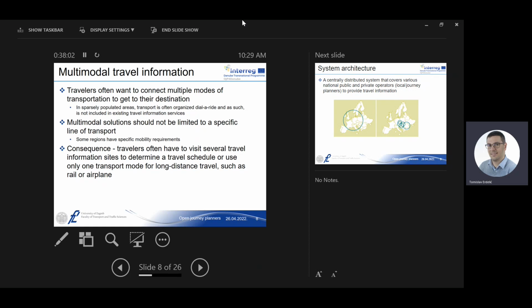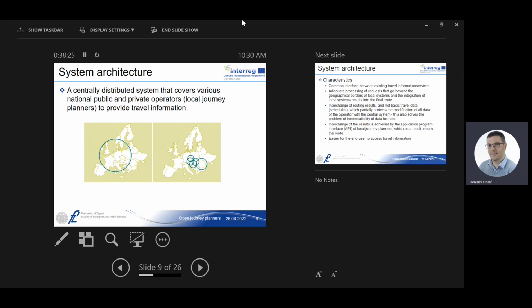So what is the system architecture? There are basically two, actually three, but two most distinct architectures that can provide such information, that can link all of the information from all the local journey planners. One is the central system, and the other one is the distributed system. And what we actually did in the project is a combination between the central and distributed.